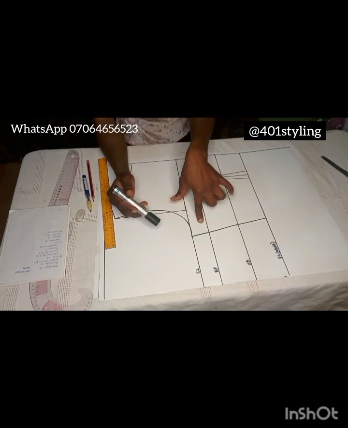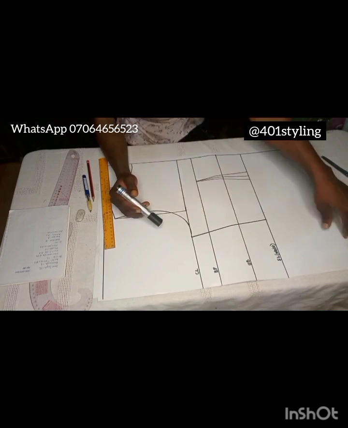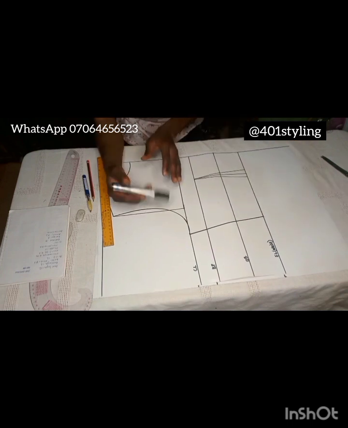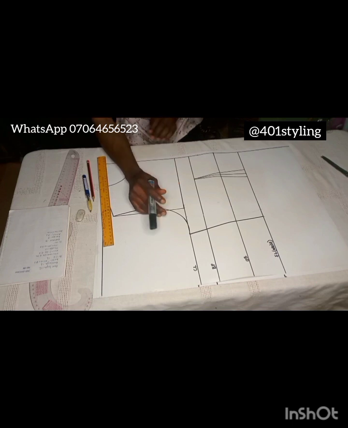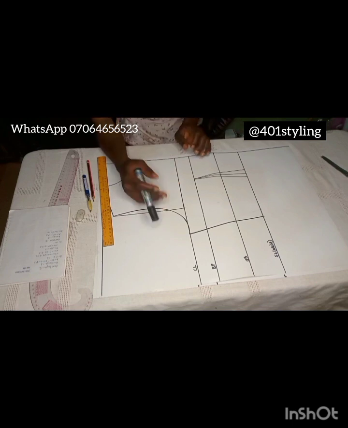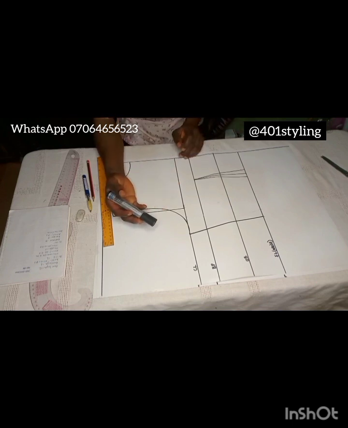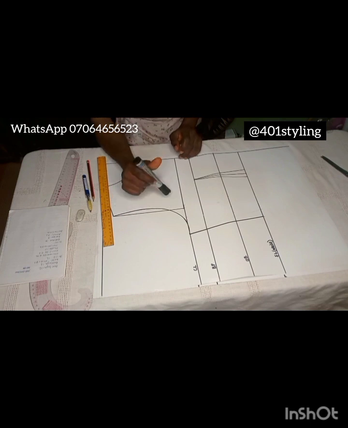But with your bust dart, you can eliminate that difference at the side. By the time we are done drafting, you will see what I'm talking about. The bust dart is just the difference between your front length and the back length. That is what you use to get your bust dart.